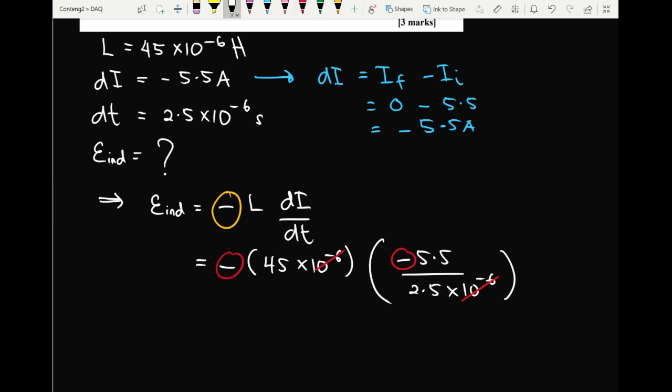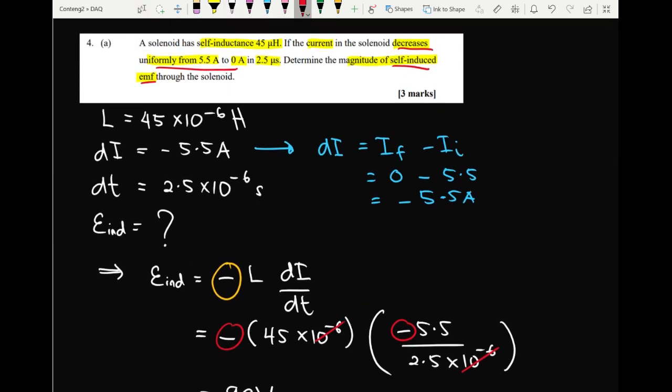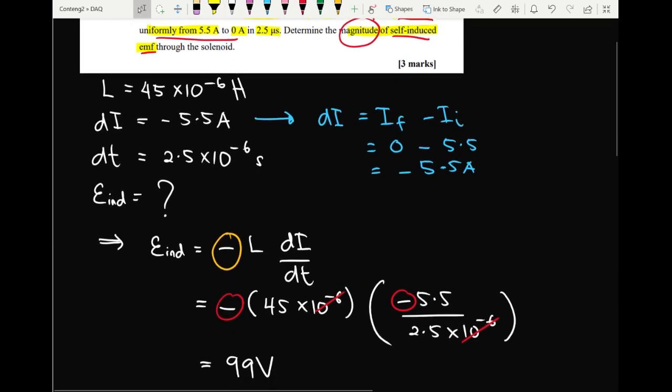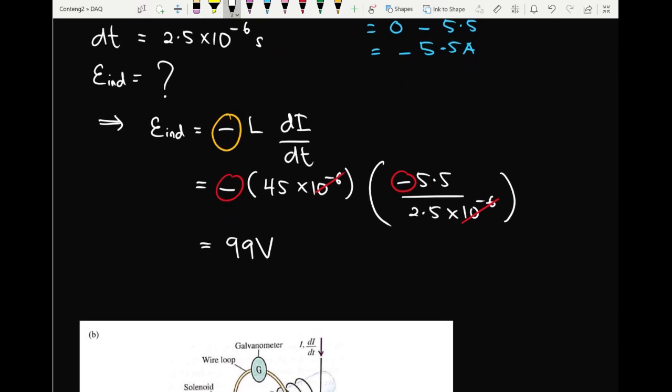So 4.5 times 5.5 over 2.5, we get 99 volt. And we want to determine the magnitude, just the value. Therefore, you can make a conclusion: the magnitude of induced EMF is 99 volt. Settle for the first question.